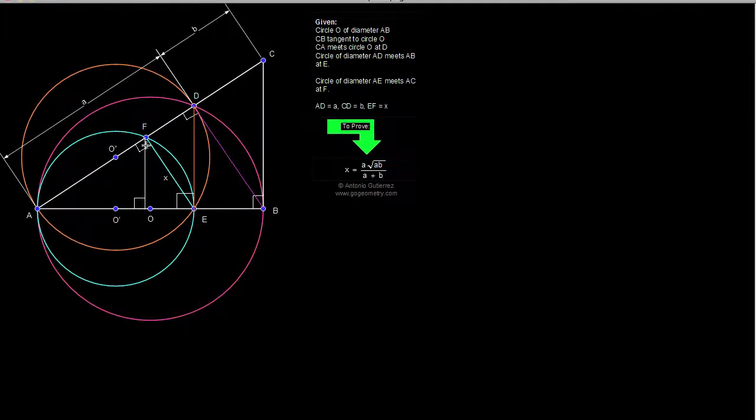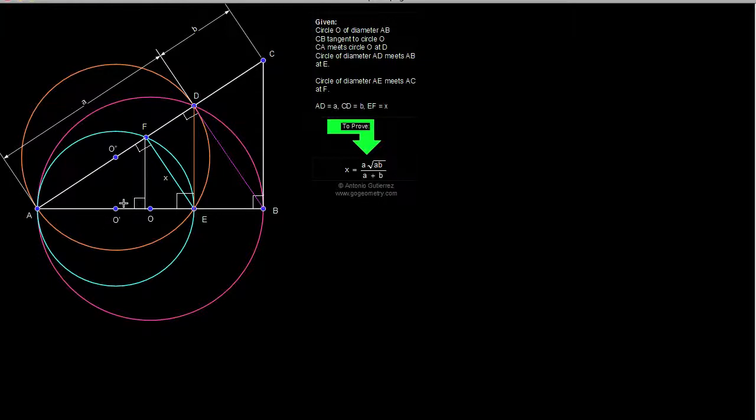Similarly, this line and this line are both perpendicular to this line. So these lines must be parallel. That tells me that this triangle and this triangle must be similar triangles. Okay, and so let's see where this all takes us.